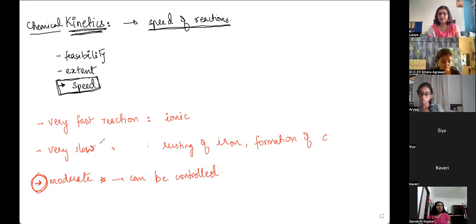Slow, yeah, you can apply the calculations to really slow reactions. But when we're studying the trends, a lot of the studies are done on moderate reactions. We're looking at those right now.